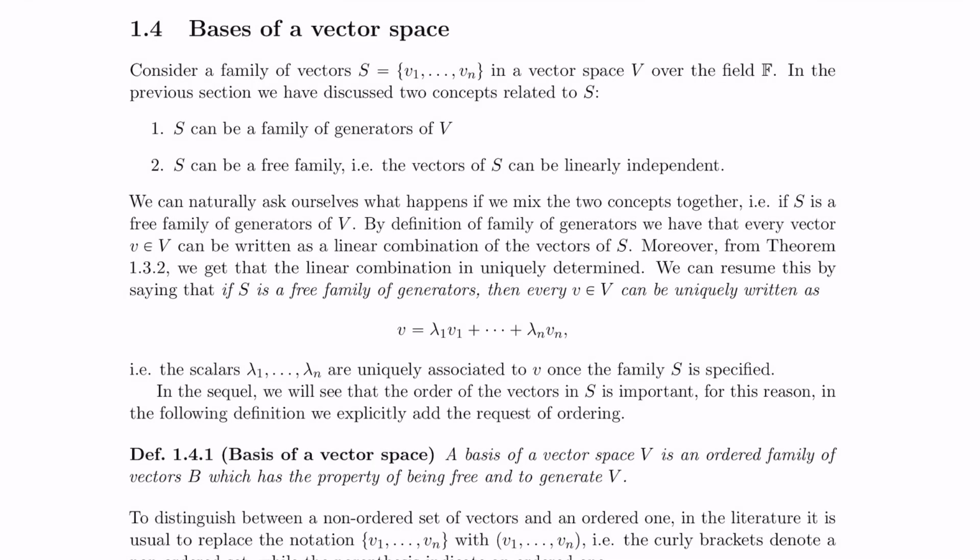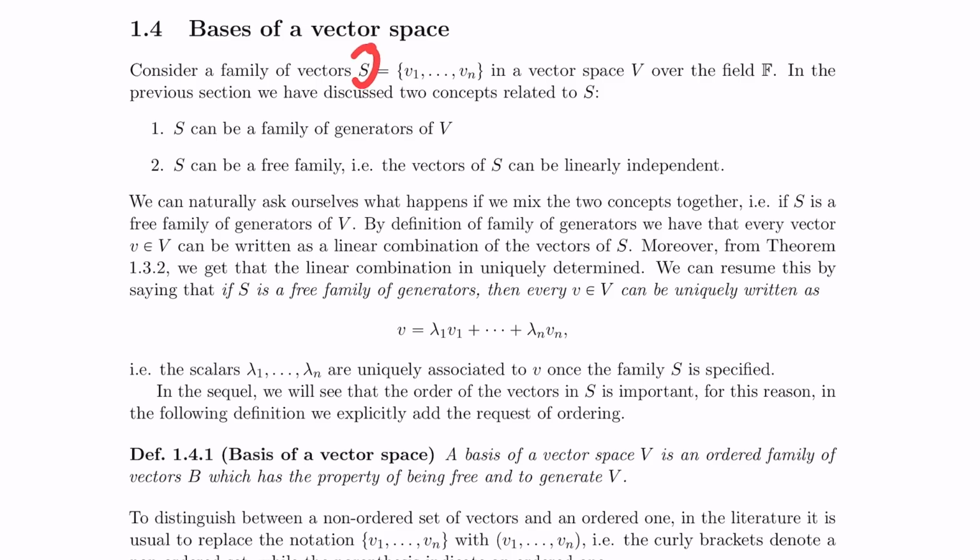In the previous two sections, we discussed what it means for a family of vectors to generate a vector space and to be linearly independent. Building on this foundation, we can now introduce the most crucial concept related to vector spaces, the basis.